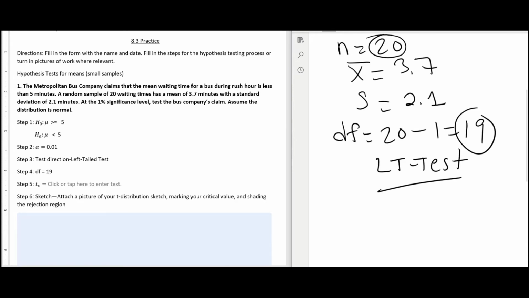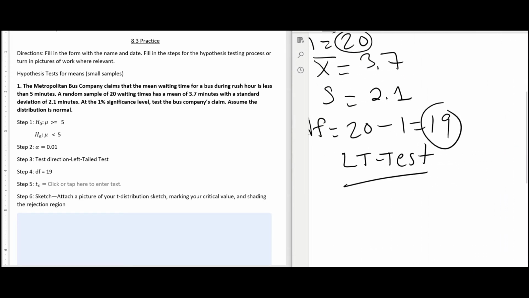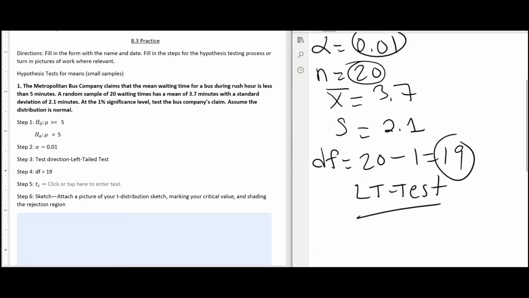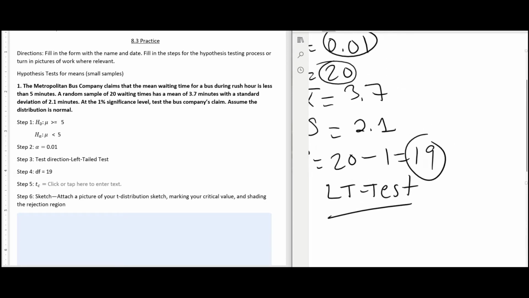All right, so let's go ahead and look it up here. I went ahead and included it on the slide here. So the df is 19, the alpha is 0.01, and it's a one-tailed test. This is only on the left side, so we're going to use one tail.